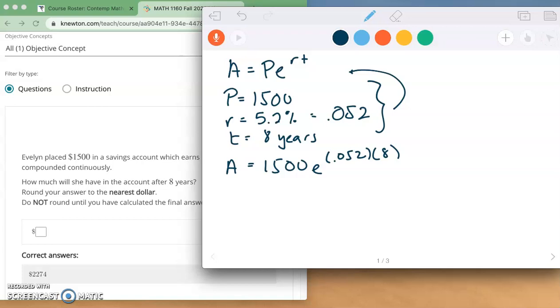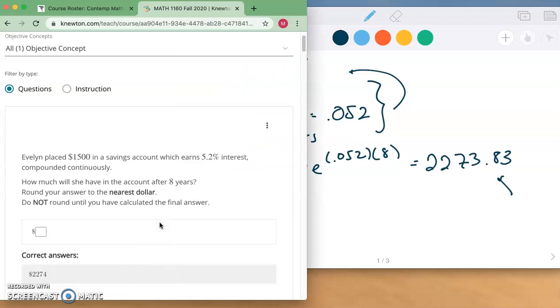That gives us 2273.83. Now, is this my final answer? No, it says round to the nearest dollar. So when we round this to the nearest dollar, we get 2,274, which is the correct answer that they got right here.